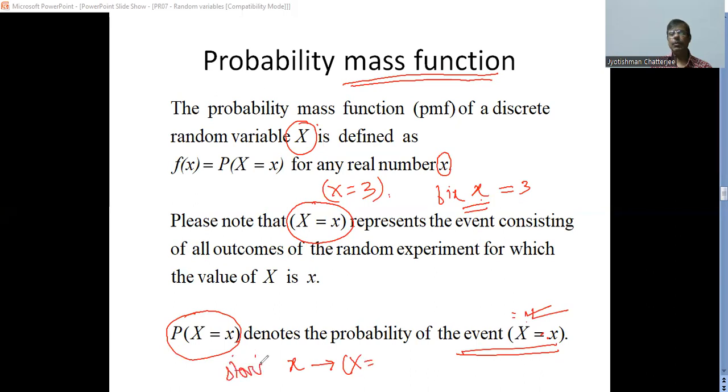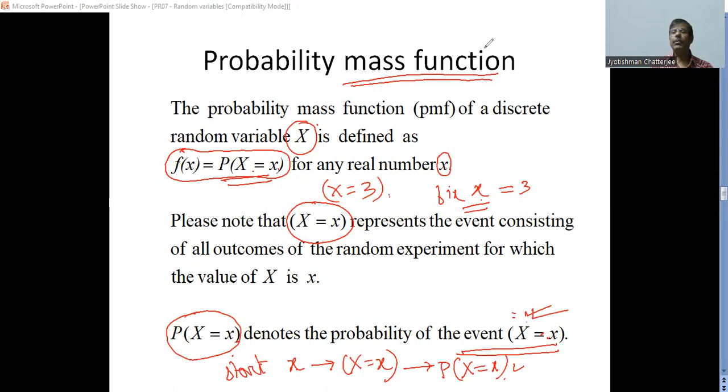That value gives you a number between 0 and 1. We are considering a function small f, which is defined this way. Small f of x is the same as probability of capital X equal to small x.